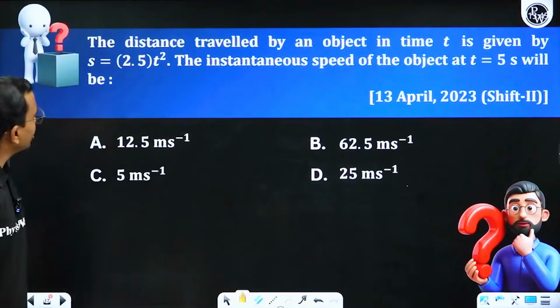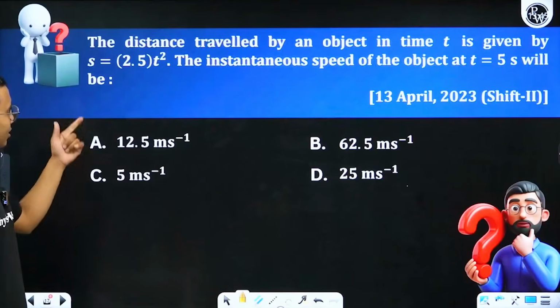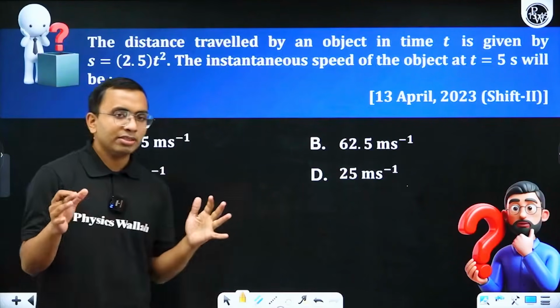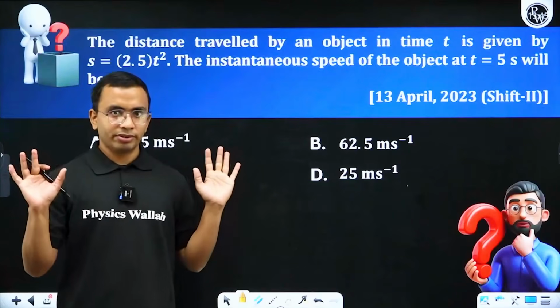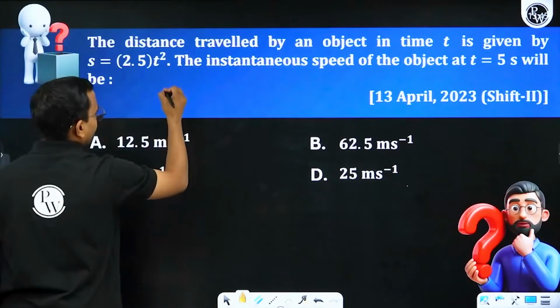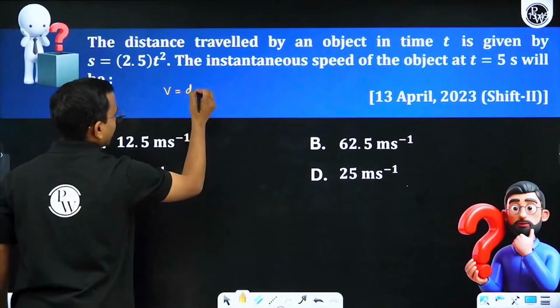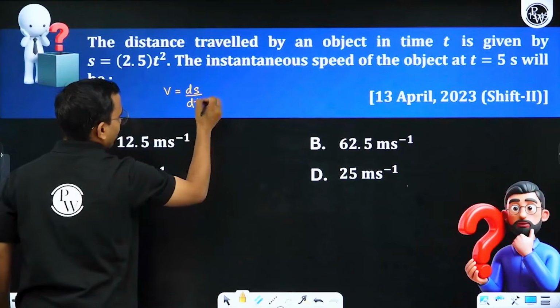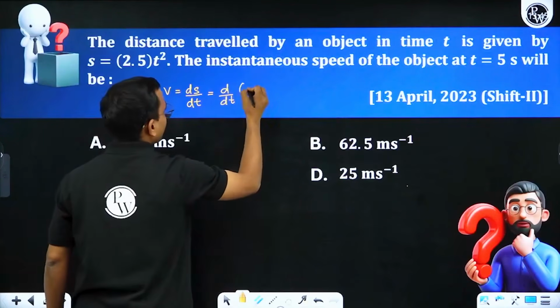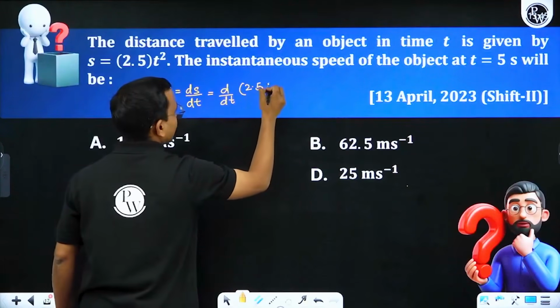what is mentioned is that the distance traveled by an object in time t is given by this, and we need the instantaneous speed. Instantaneous speed means rate of change of distance also, that way also you can say the same thing. So distance is given like this, so my instantaneous speed is ds by dt. So differentiate it, we learned differentiation, so you know how to do this.